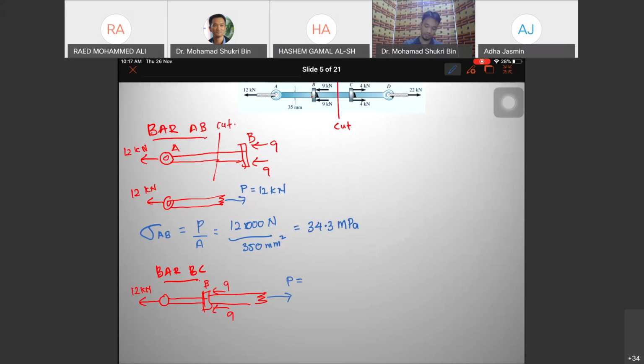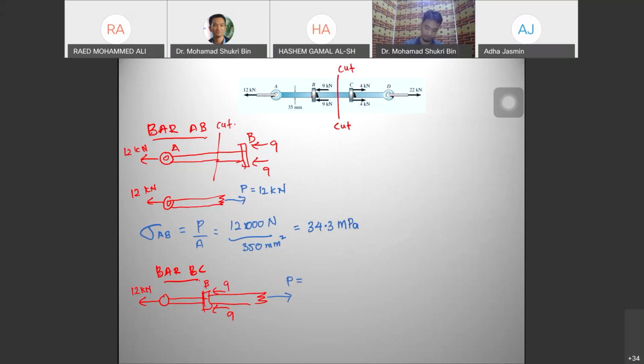The P should be in equilibrium. So the P is 12 plus 9 plus 9, which is 9, 9, 18, 30 kilonewton. P is 30 kilonewton.